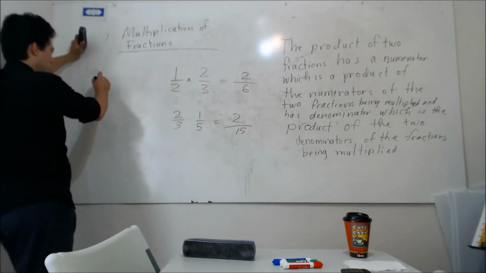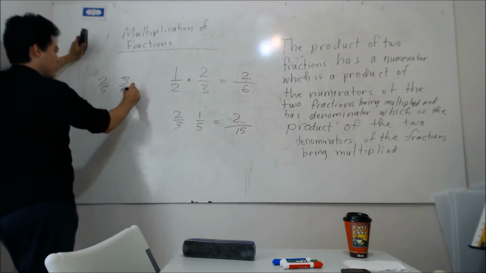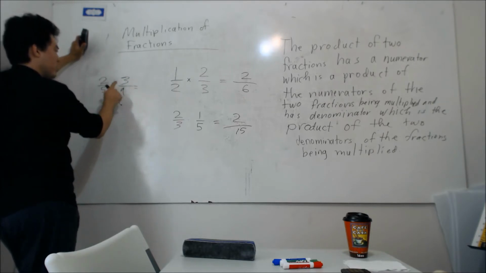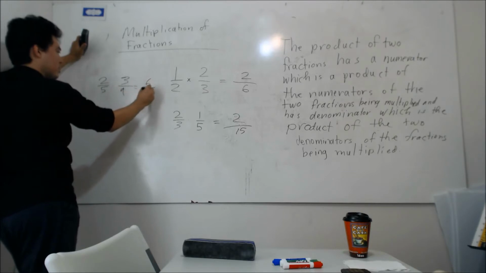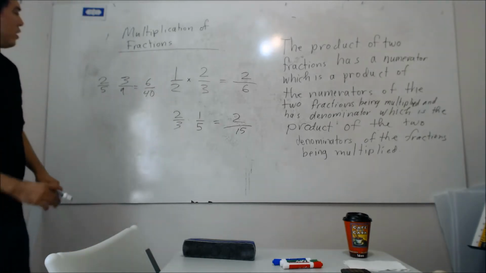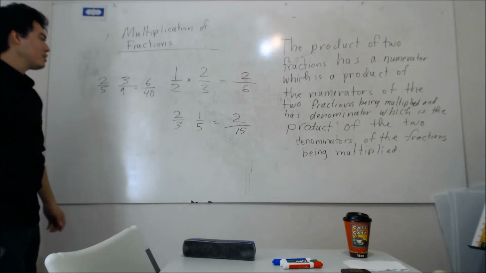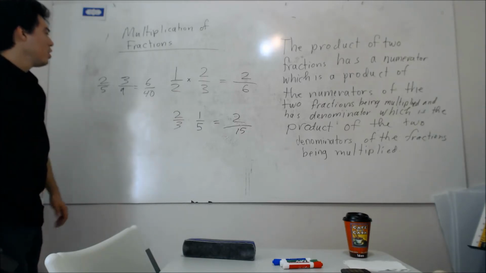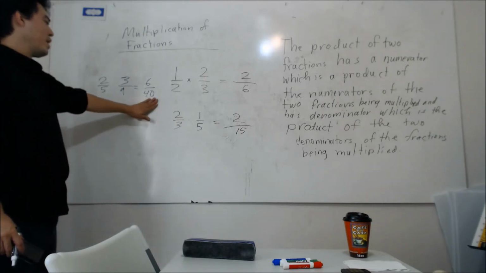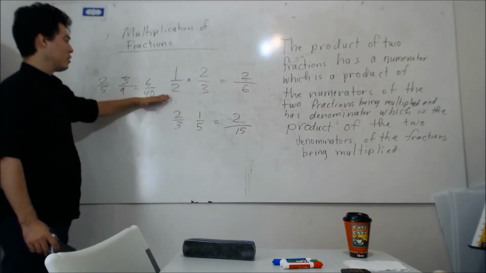We can do another one. 2/5 times 3/9 equals the numerators, right? So 2 times 3 equals 6, and 5 times 9 equals 45. Okay. Now this fraction can be simplified, but we'll talk about simplifying it a little bit later. So right now we're going to leave it like this. But this is still the correct product.